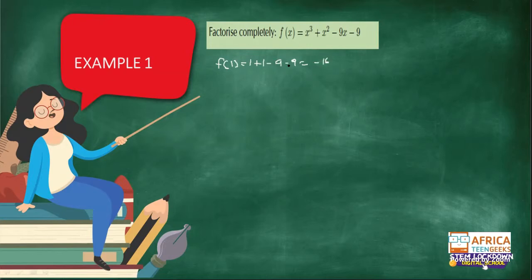So this means that x minus 1 is not a factor. Okay, so this is by trial and error. Then you'll try f of minus 1.